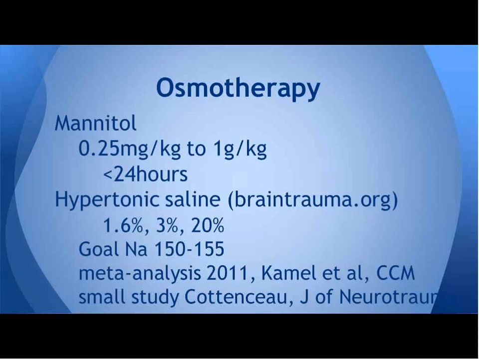A lot of the studies actually, interestingly, came from EMS and wartime studies, where it's very easy to carry a very small 10 ml vial of 20% saline versus a liter of normal saline.